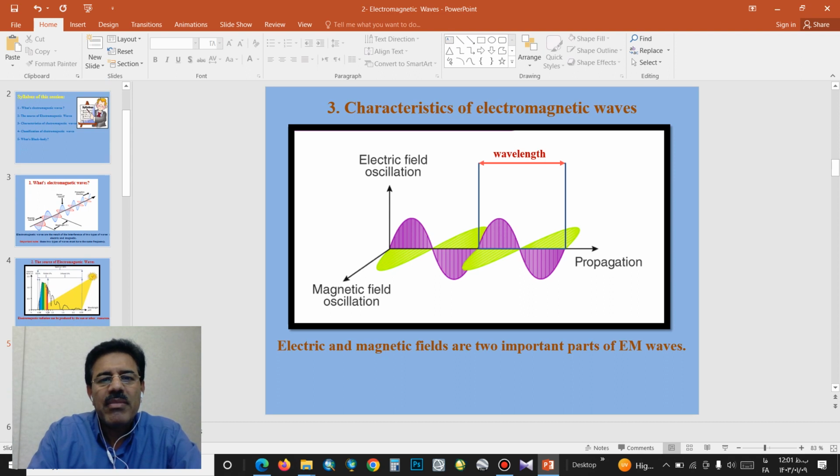Number 3. Characteristic of electromagnetic waves. Electric and magnetic field are two important parts of electromagnetic waves or EM waves.